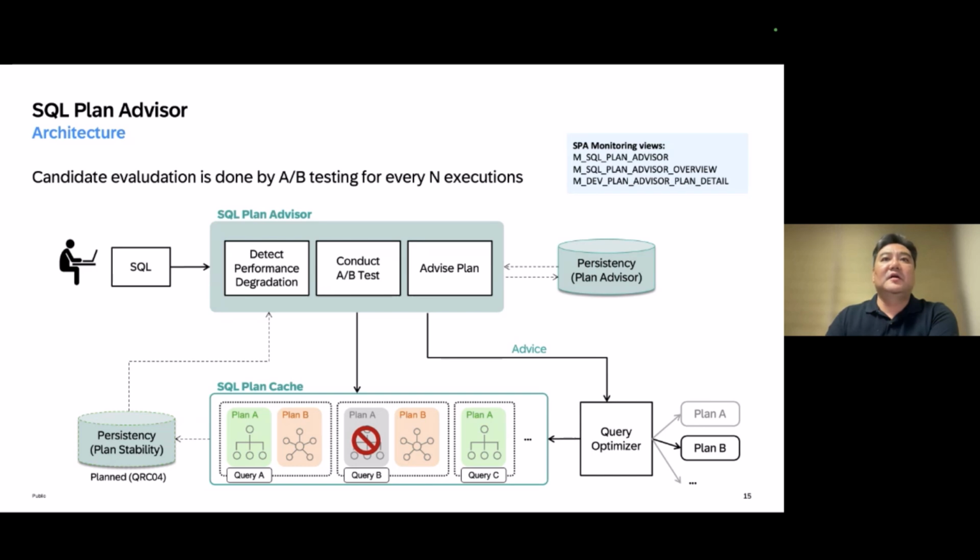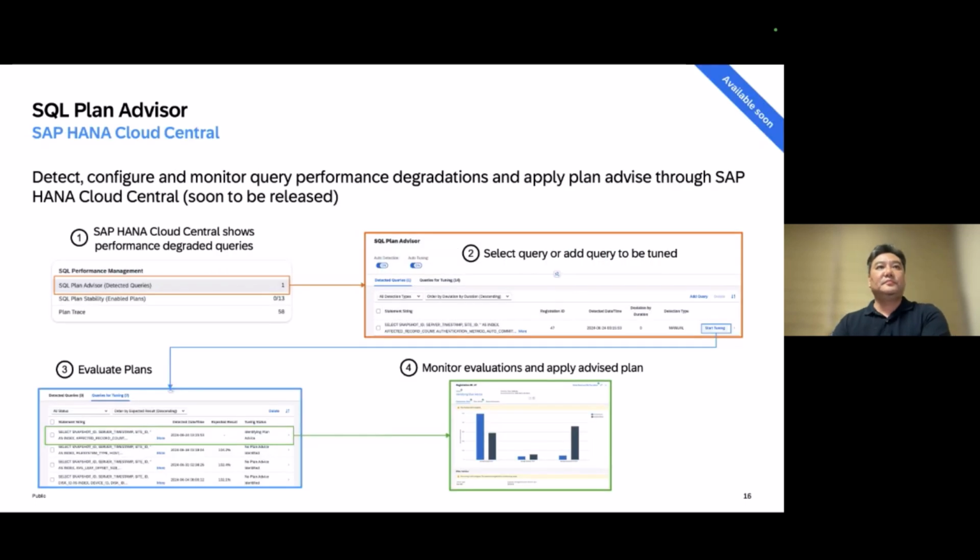Based on that, we would mark the current plan A as not to be used and make sure that plan B, the optimal plan, gets used during query optimization and execution.